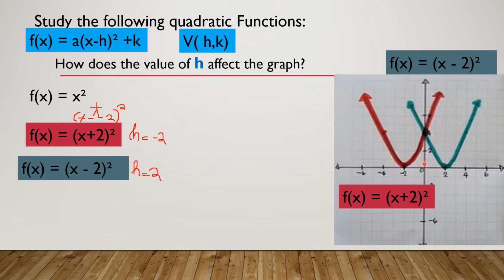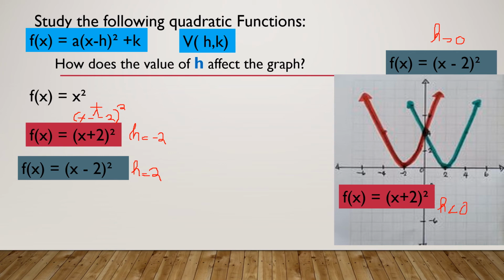Wherein, from the origin, nag-move naman siya ng 2 units to the right. So here, the value of h is positive, which means greater than 0. Here, the value of h is negative, or that is less than 0.